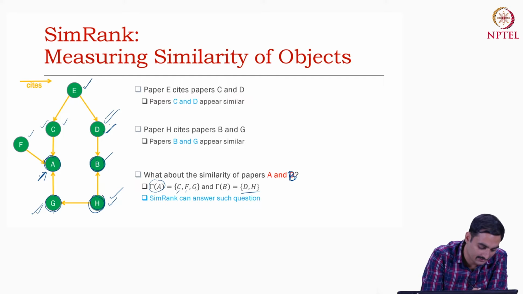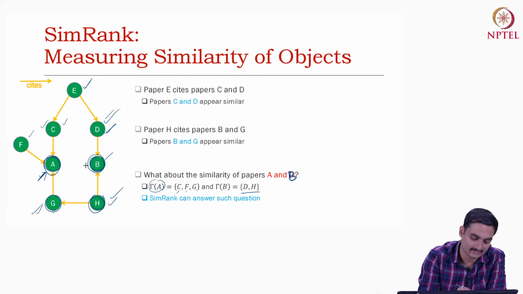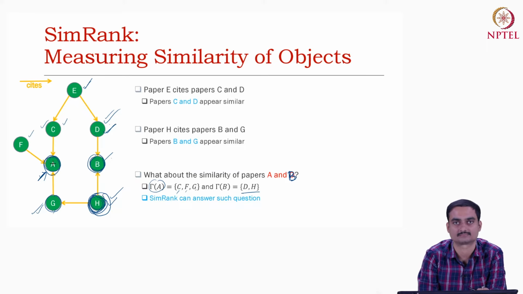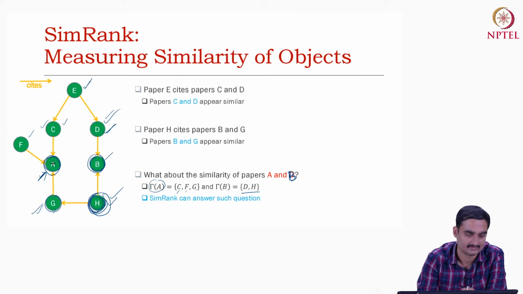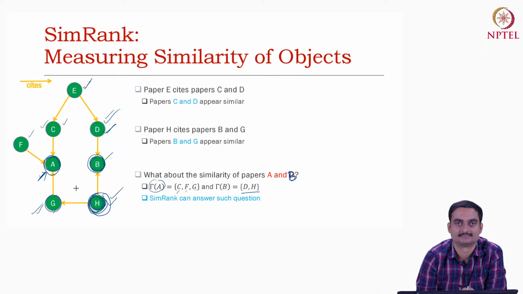Therefore A and B are both cited by H in some ways. H is citing B directly, H is citing A indirectly. So in that sense, A and B are connected, related, similar.